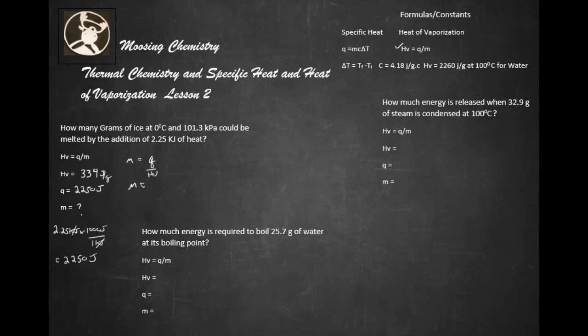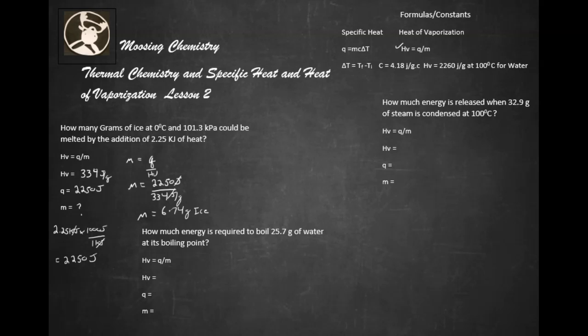So M is equal to, of course, 2,250 joules over 334 joules over grams, and our mass is going to be none other than 6.74 grams of ice. Pretty darn snarly, I say.